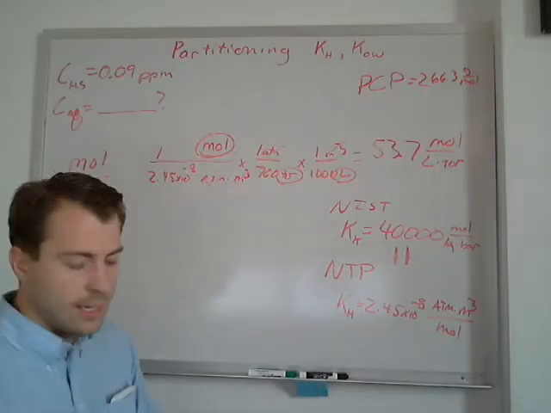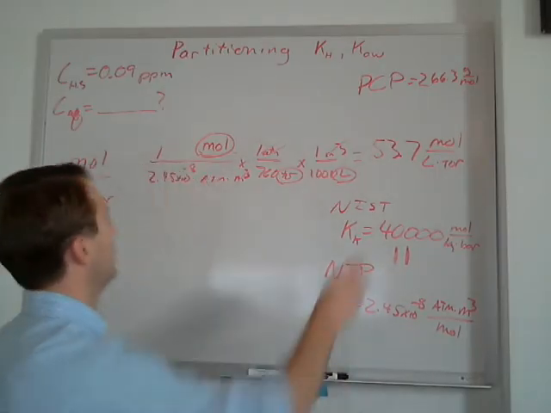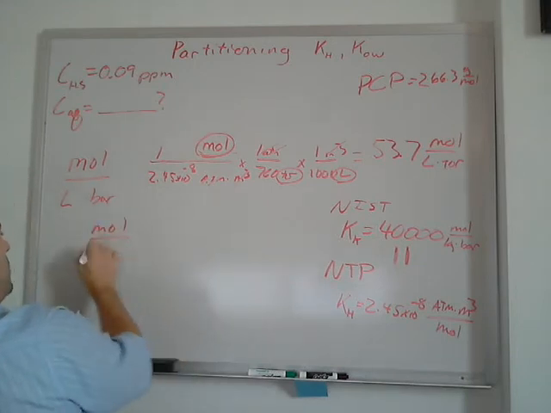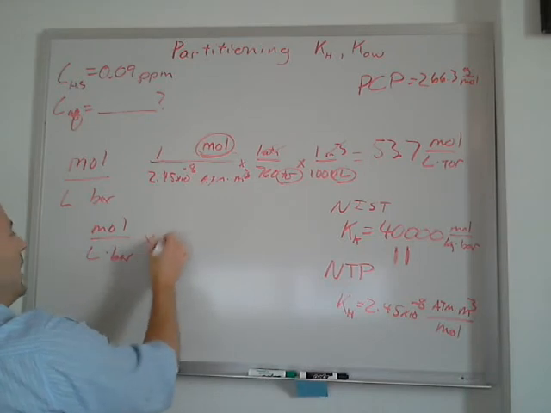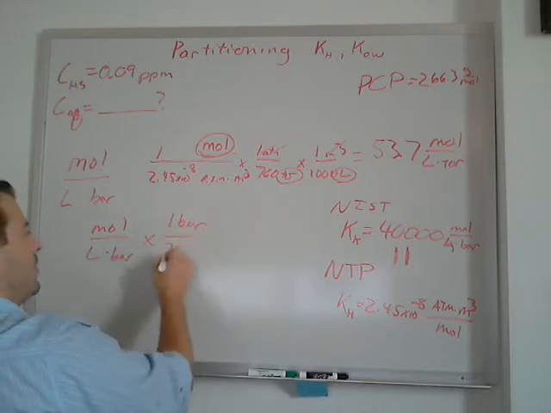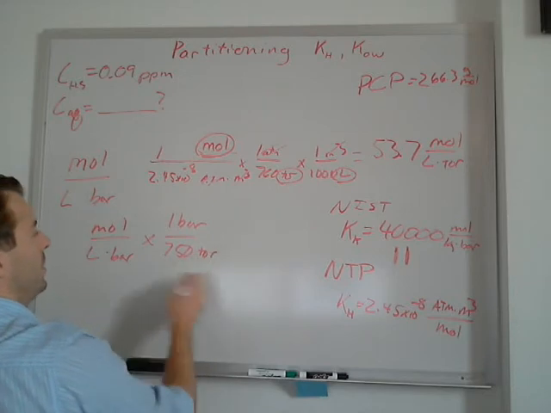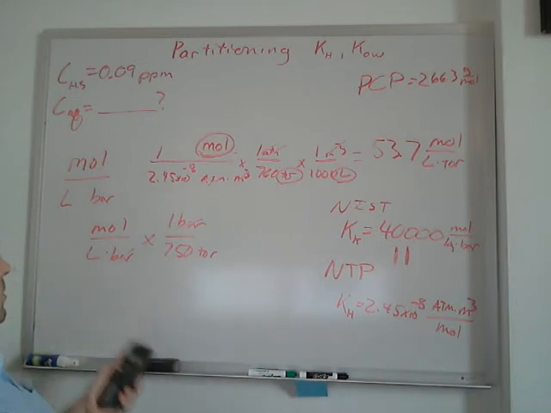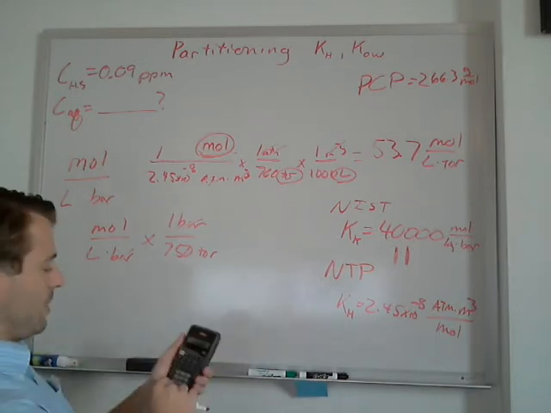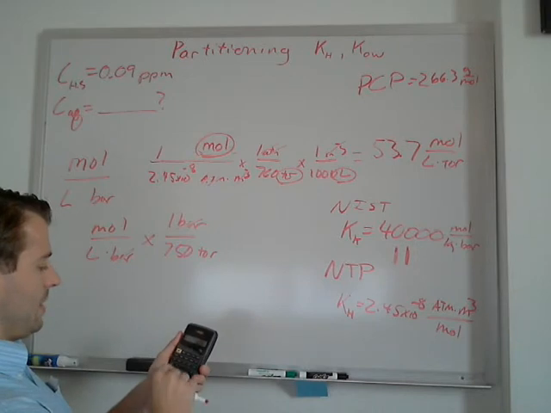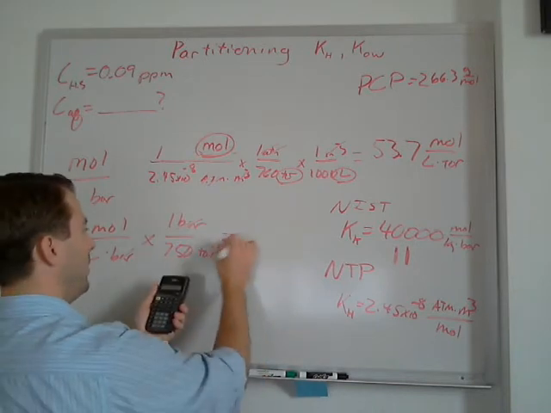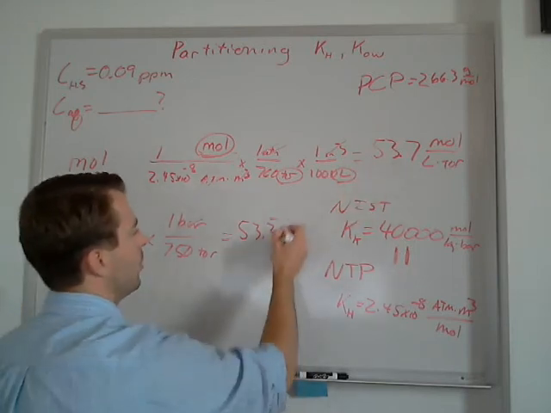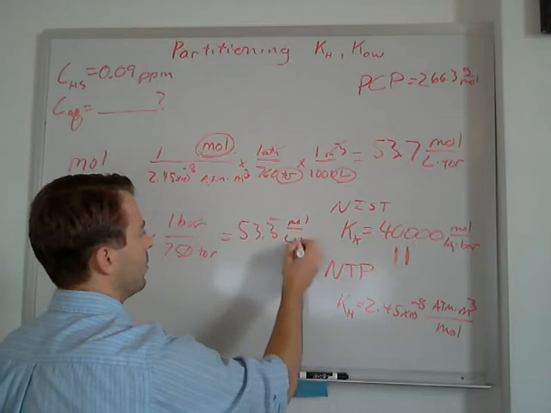And then our KH, the first one that was provided by NIST of the 40,000, is just going to be moles per kilogram bar times 1 bar per 750 torr. So 750.06 torr is 1 bar. And so if we take 40,000 and divide that by 750, we come out with 53.3. Same units, moles per liter torr.